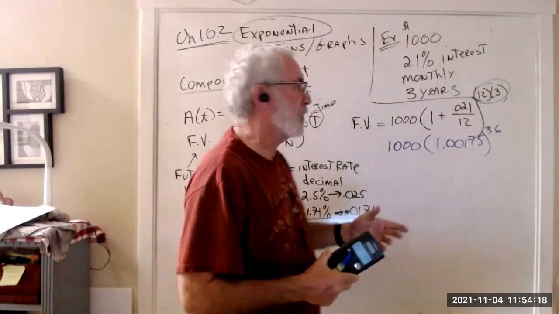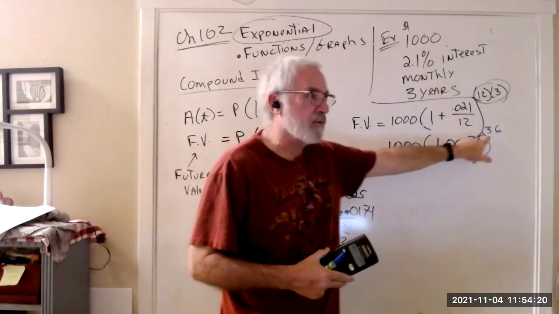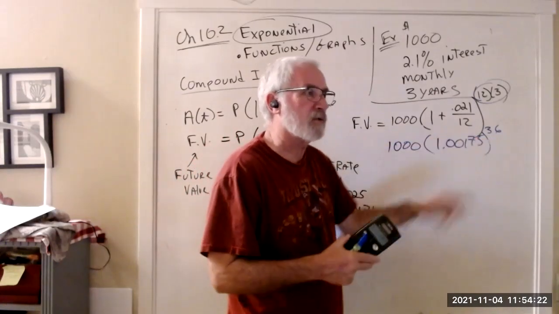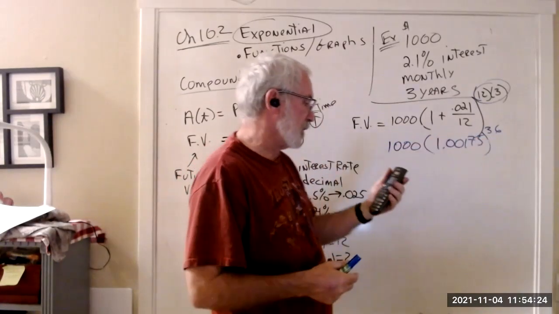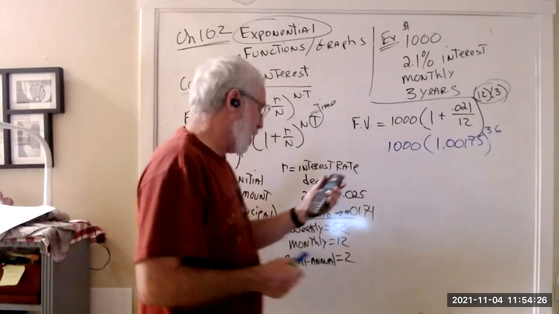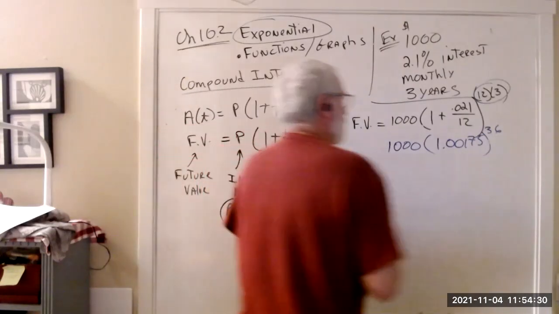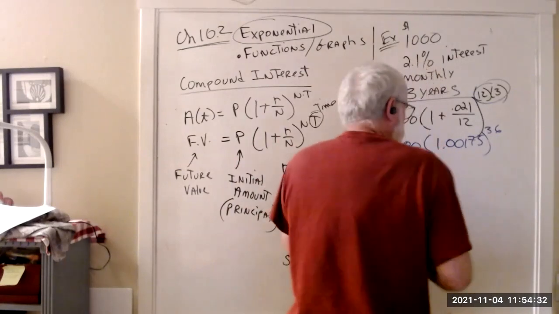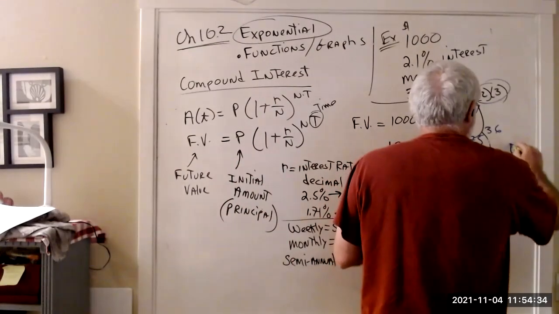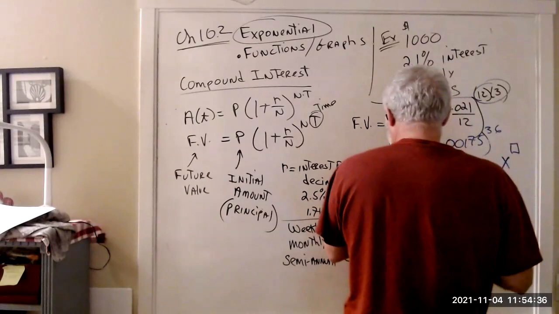Now, what do I do with this? First, you have to do exponents. So first you have to raise it to the 36th power. On the TI, you have an x to the box power.